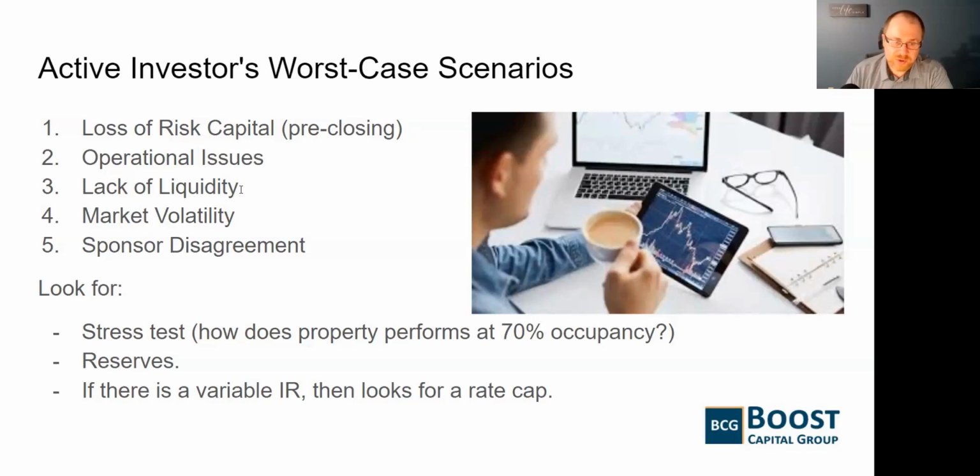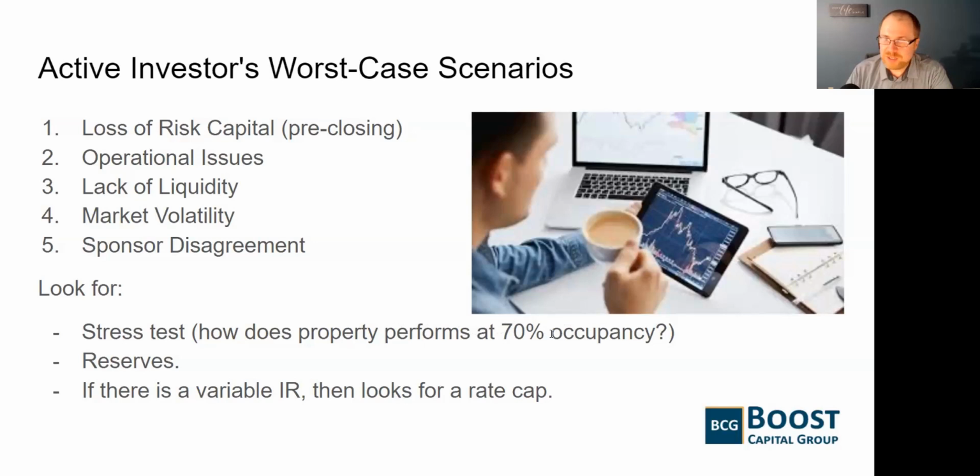That's the stress test, stressing your underwriting. I give an example here: how does the property perform at 70% occupancy? That could be economic occupancy, meaning you may have people in the units who are not paying rent, so you may be at 60% occupancy.